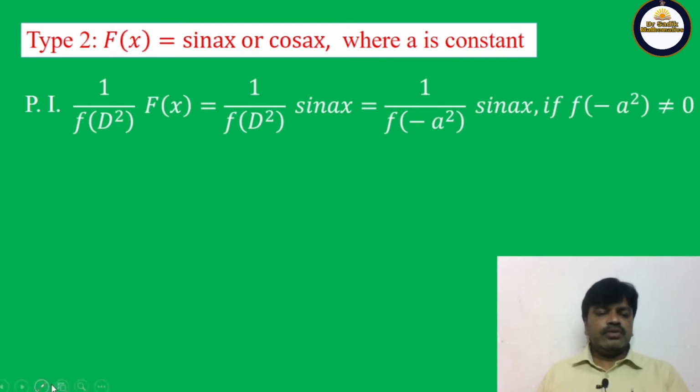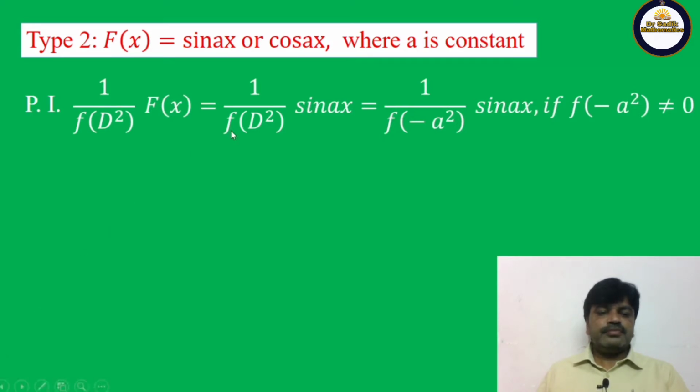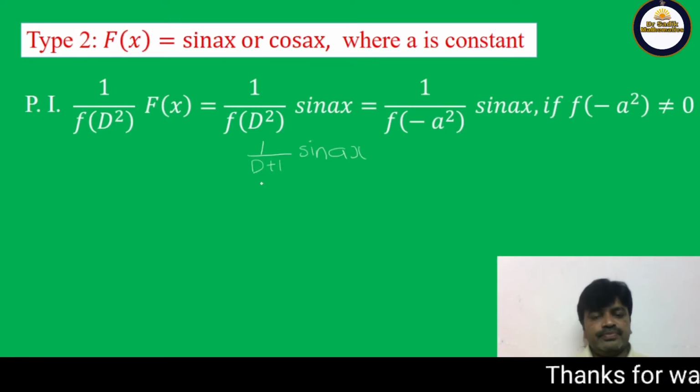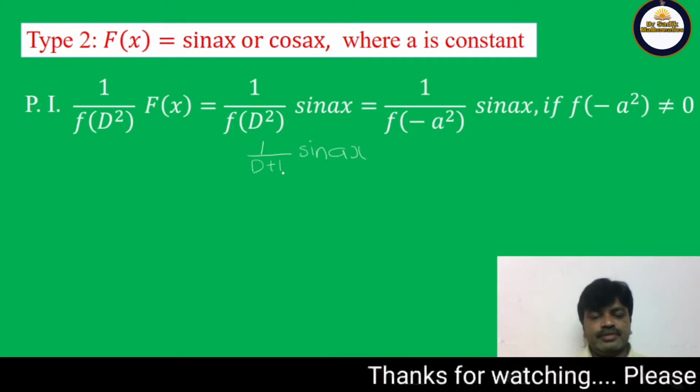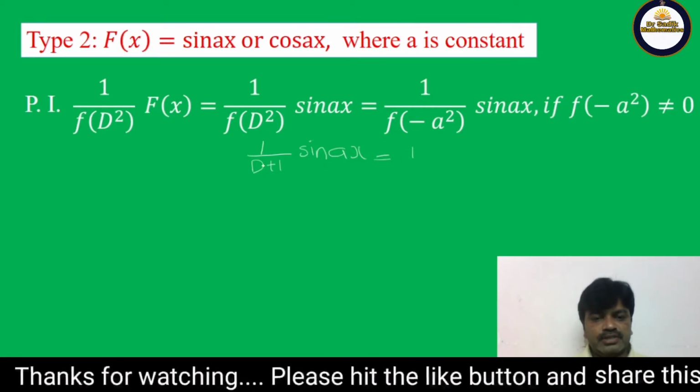Now a doubt may arise, friends. Suppose we have 1/(D + 1) sin ax. How can I replace it? There is no D², there we have D. Simply rationalize the denominator.